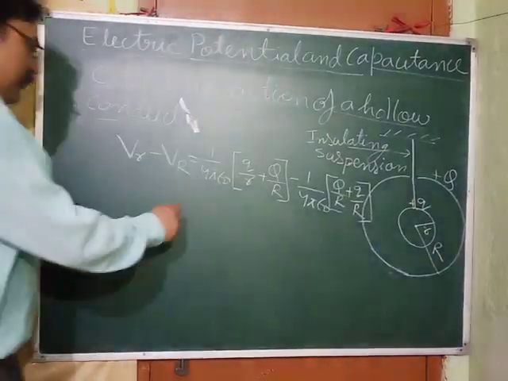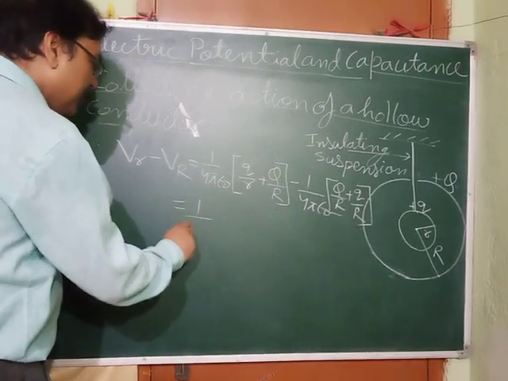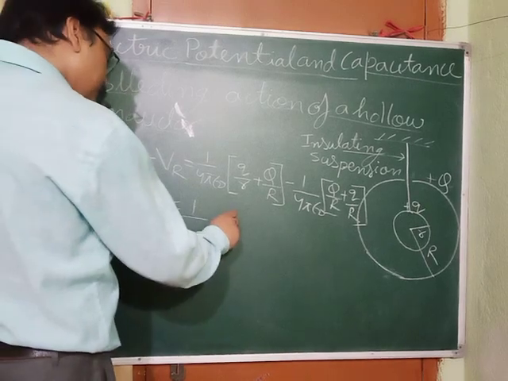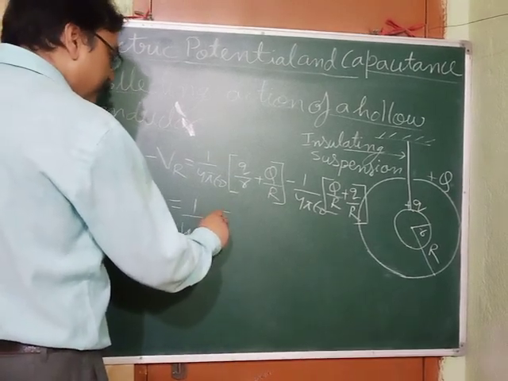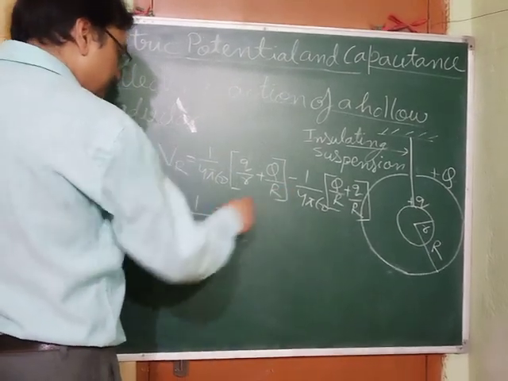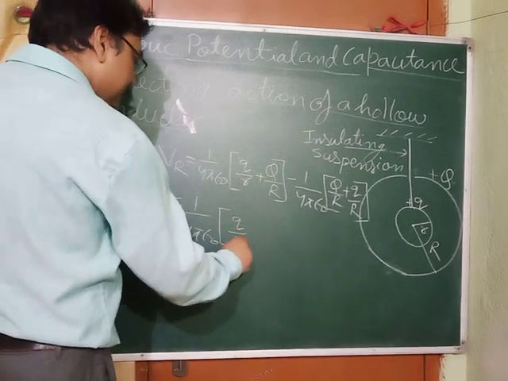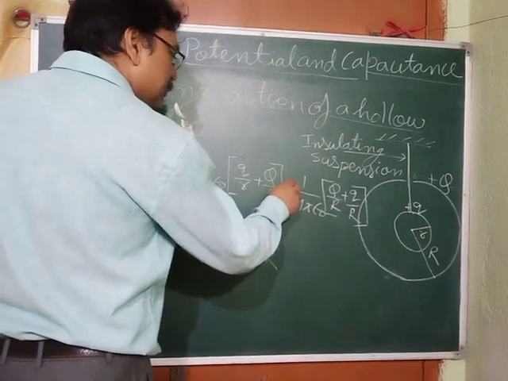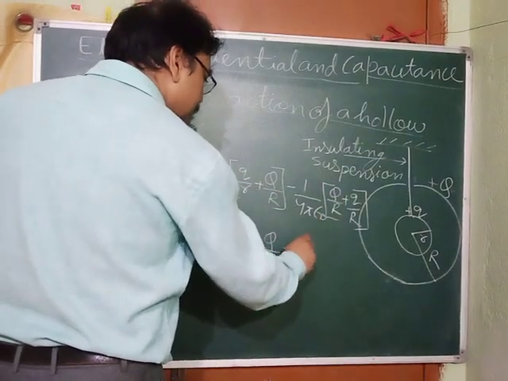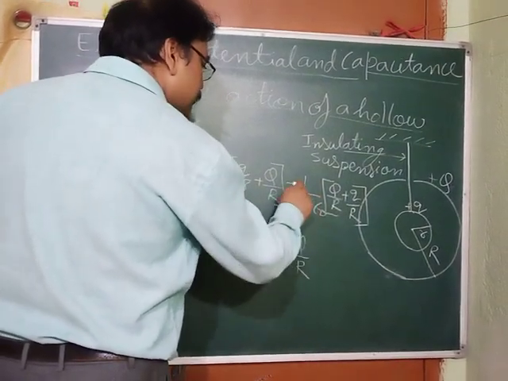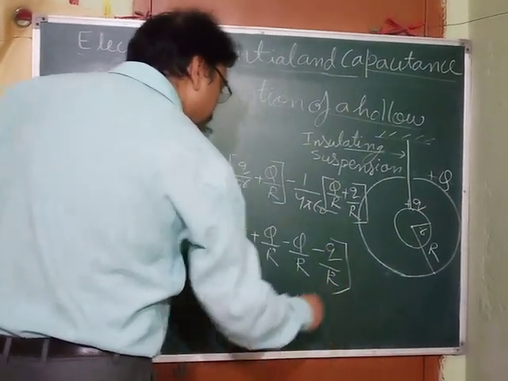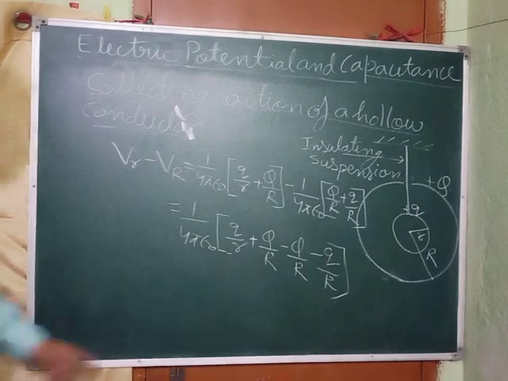Now what can we take common? 1 by 4 pi epsilon naught. We have taken common, so we are left with q by r plus capital Q by capital R. The minus sign is there, so this will become minus q by capital R, and this will also become minus capital Q by capital R. Now these two cancel out.